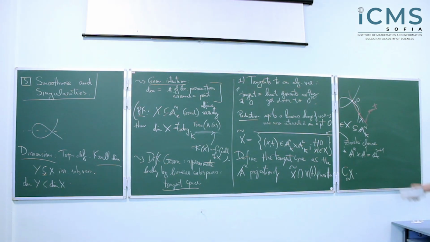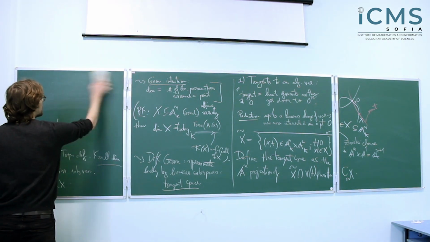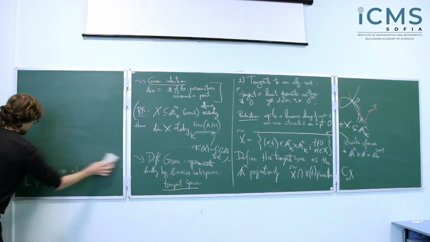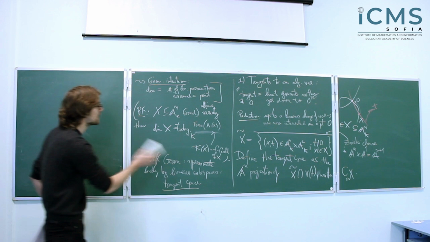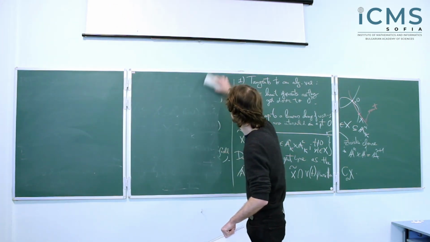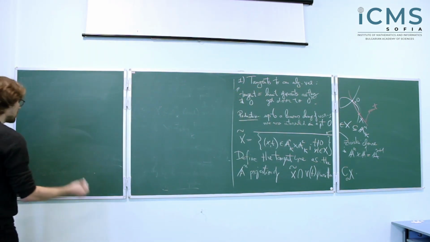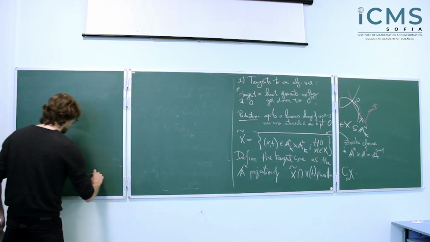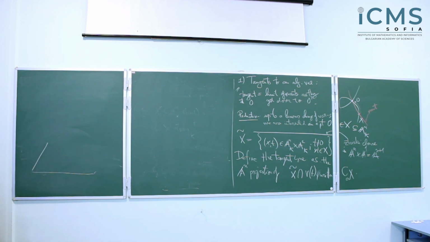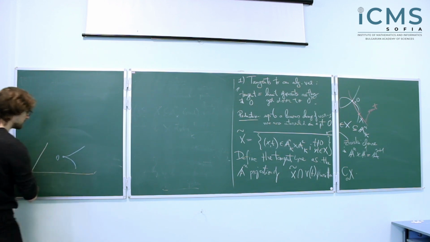So now that I gave you this construction, I'll try to explain why this will give you the tangents at 0. For that, I'll draw you a picture of what this actually means. Imagine that I have the point 0 here, and then I have a simple cusp, right?